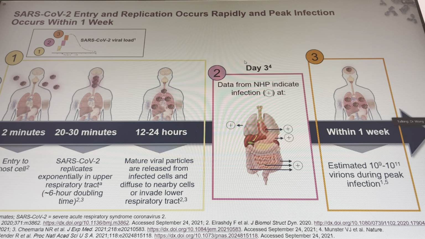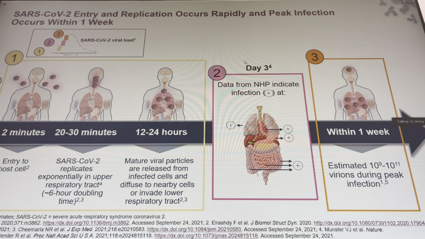Okay, so as you know, once the virus enters your body, it enters very rapidly and then replicates within really 30 minutes, mainly in your upper respiratory tract. And then unfortunately, if you are in the unlucky few, it can go and invade the lower tract. And of course, after day 3, it's basically a disseminated disease.